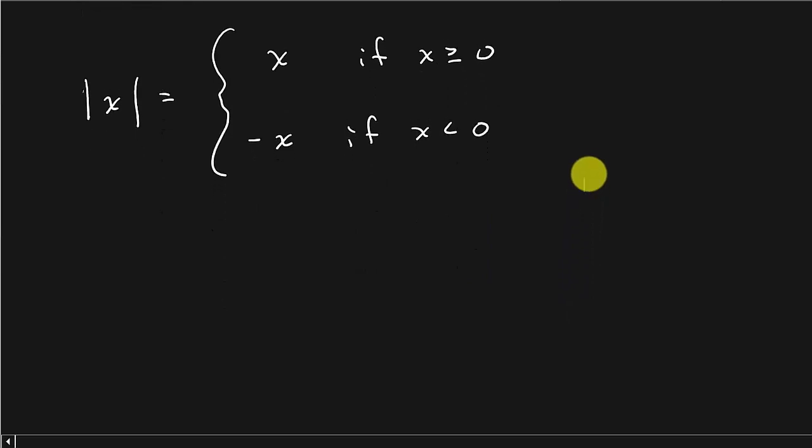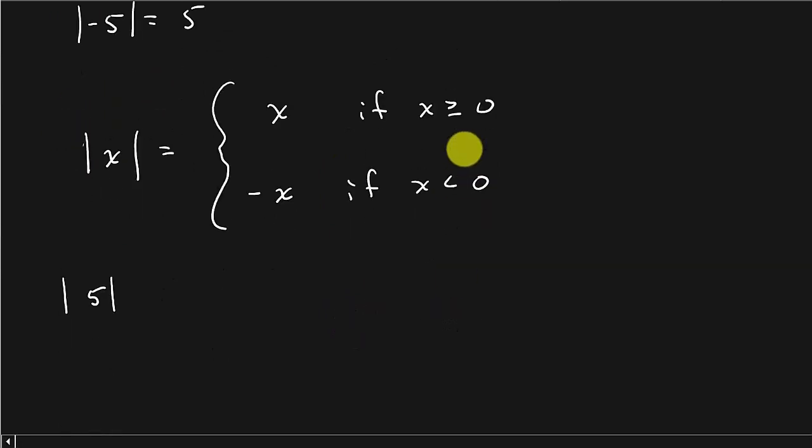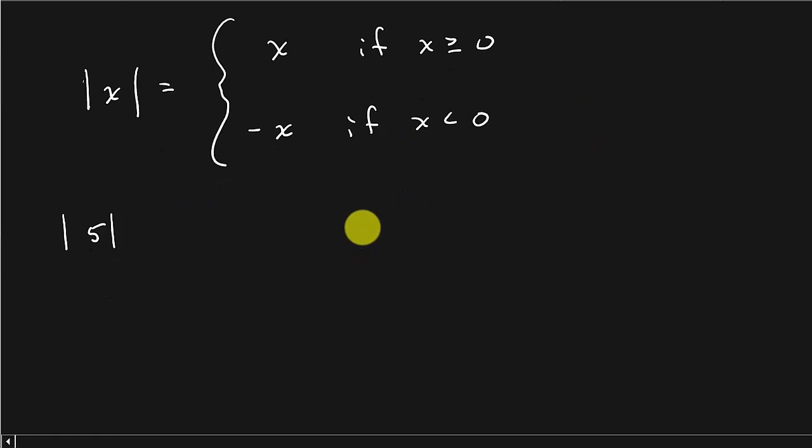So let's look at this. If we have the absolute value of 5, let's work these two problems using this piecewise function here. All right, so look at this. You see the x value here in the absolute value. So in this case, x is positive 5.